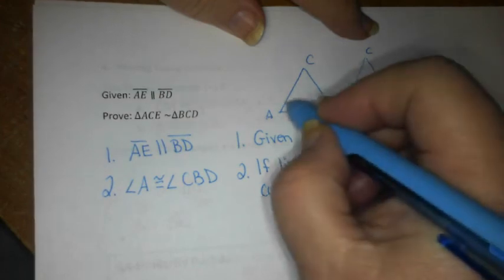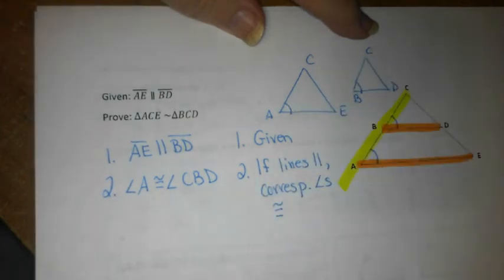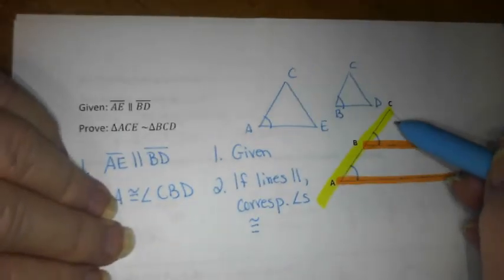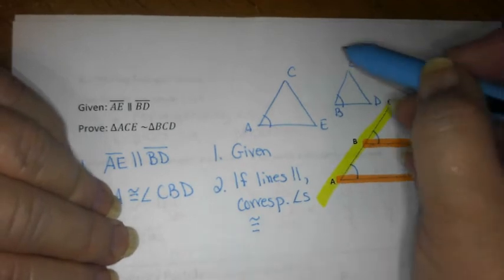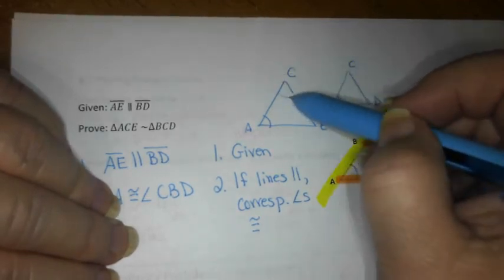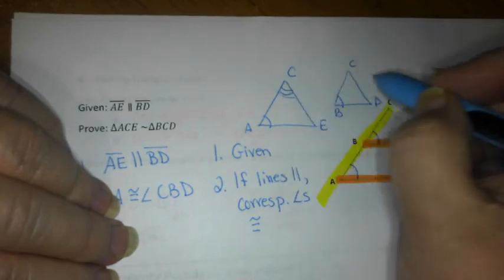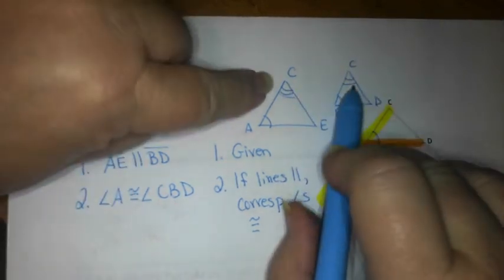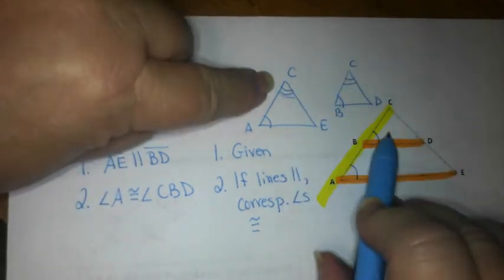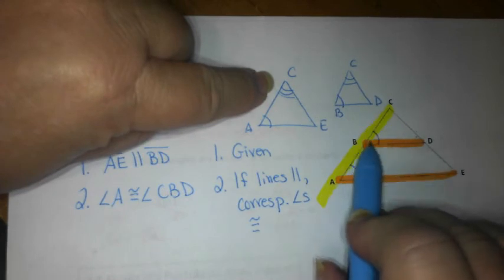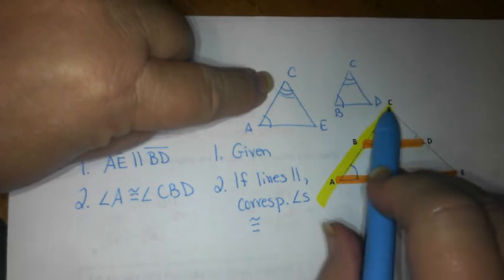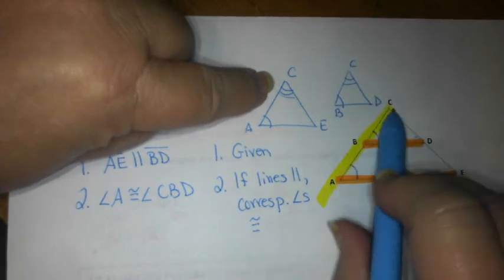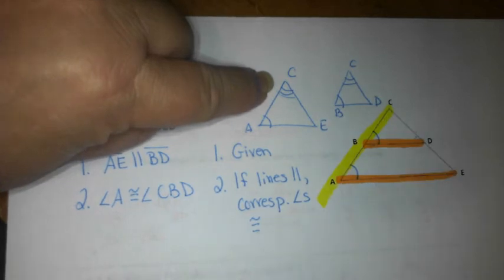We already said that angle A and angle B were the same. Notice when I pulled them apart, look at this angle right here. Angle C and angle C. Isn't that the same angle? There's an angle C in this little triangle. There's an angle C in the big triangle, but it's the exact same angle.